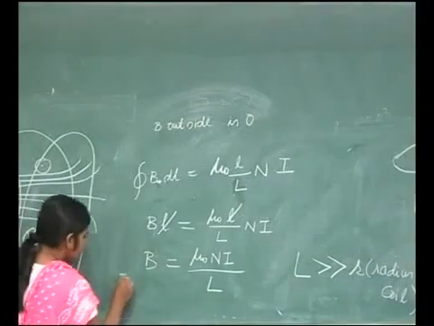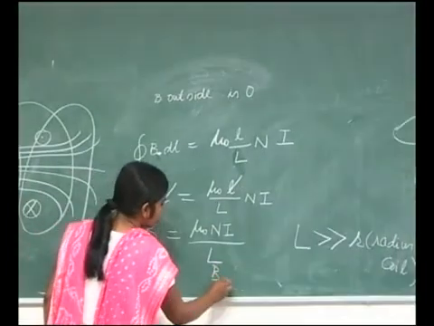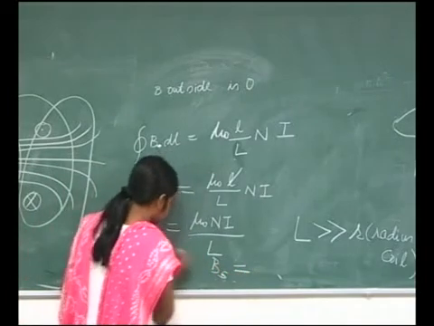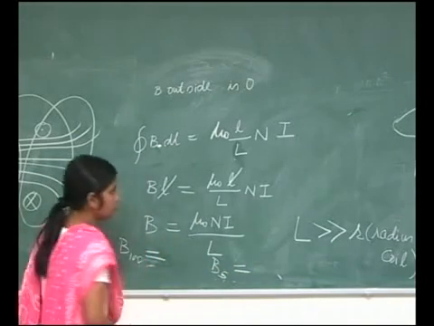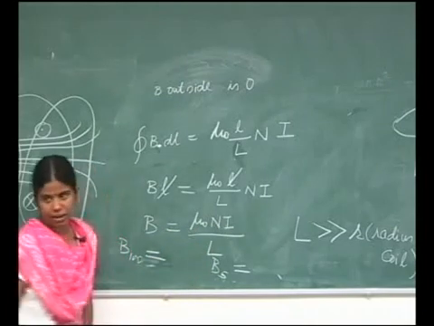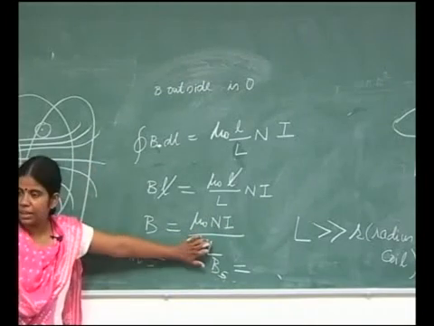B for current 100 and B for current 5. What is B in Gauss? जल्दी से बताइए. Now you have to take this formula, B is equal to mu 0 Ni by L. ये आपको लेना है.